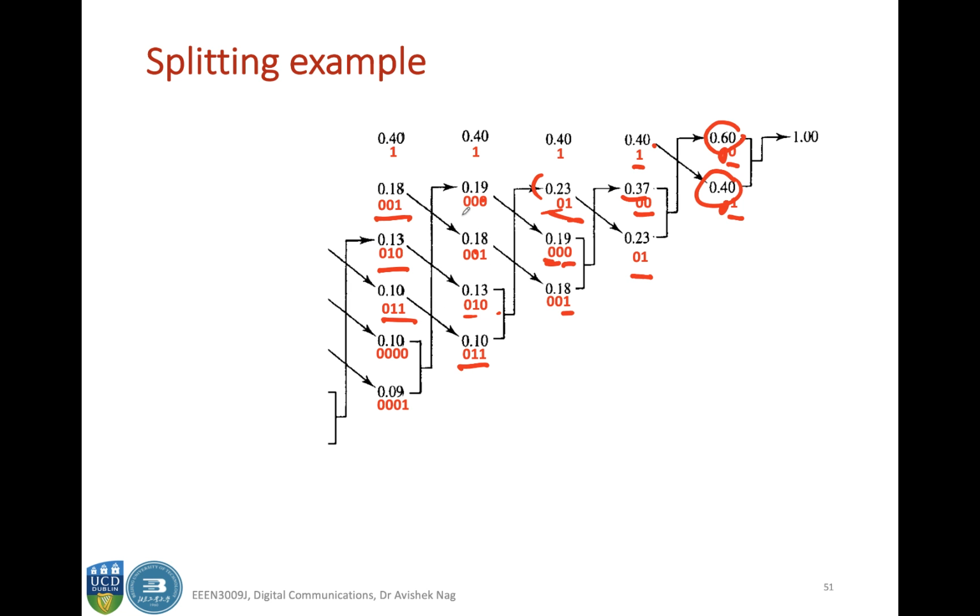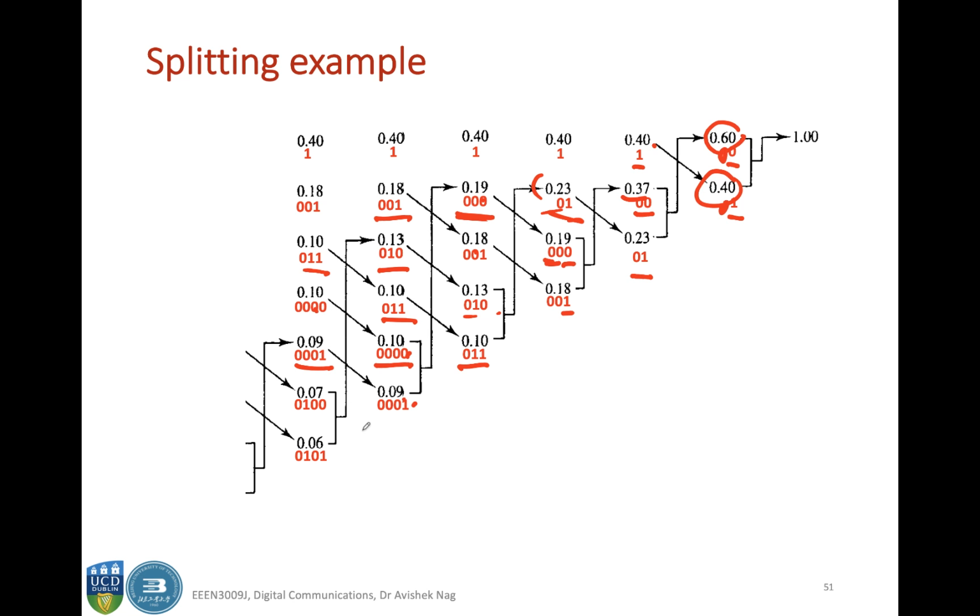goes here, but this 0, 0, 0 goes to the previous stage as a split between these two probabilities. So this becomes 0, 0, 0 with another 0 and another 1: 0, 0, 0, 0 and 0, 0, 0, 1. And then you propagate again, and this 0, 1, 1 goes here, this 0, 0, 0, 0 goes here, this 0, 0, 0, 1 goes here, but this 0, 1, 0 goes in this stage and it gets split to 0, 1, 0, 0 and 0, 1, 0, 1.